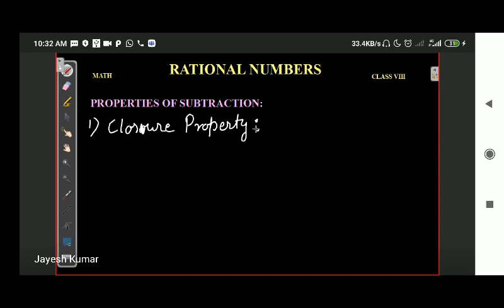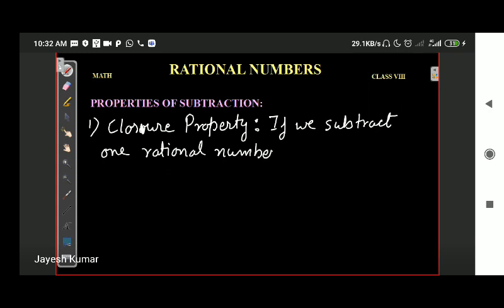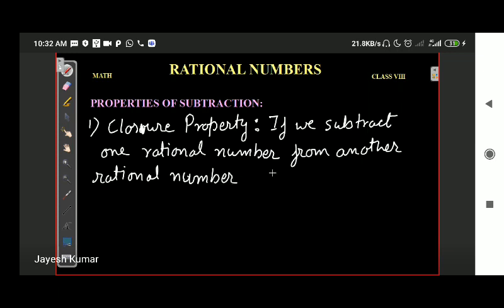If we subtract any two rational numbers, or we can say if we subtract one rational number from another rational number, the answer is always a rational number.